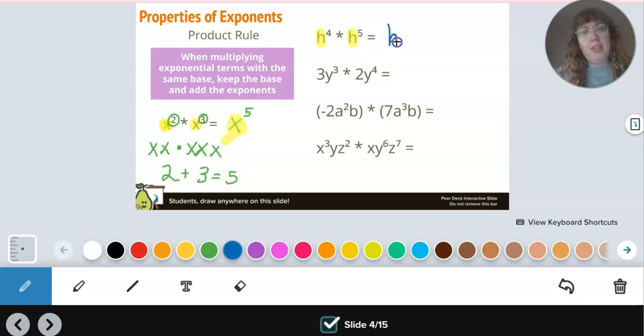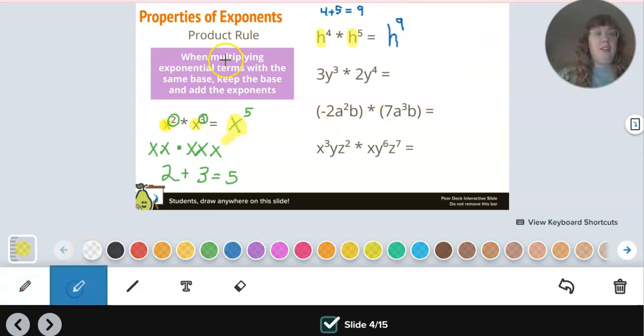We have 4 h's that are being multiplied, and then we have 5 h's. Add them together. 4 plus 5 gets us 9. So this simplifies to an h to the 9th. So again, when you're multiplying, which is what we're doing here, keep the base, add the exponents.